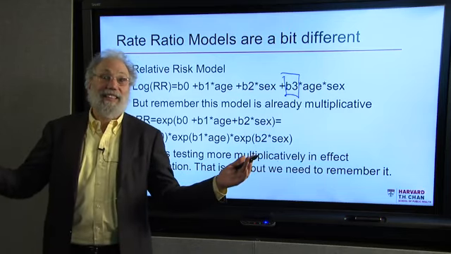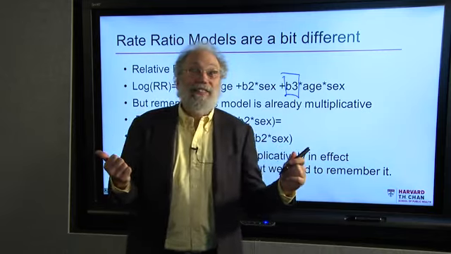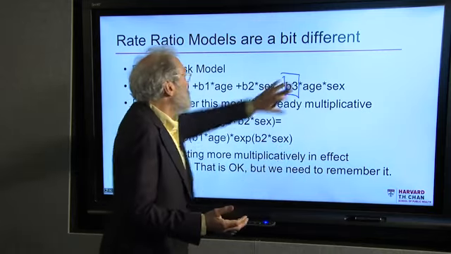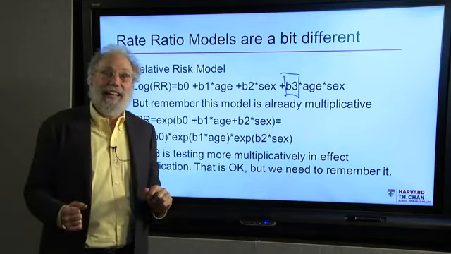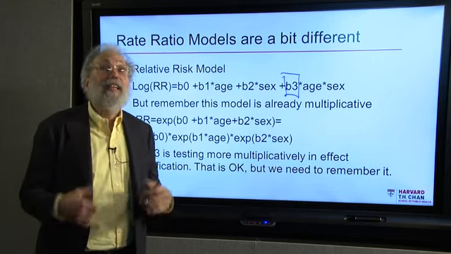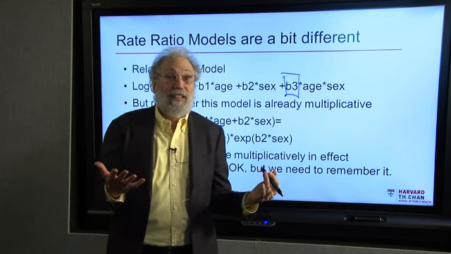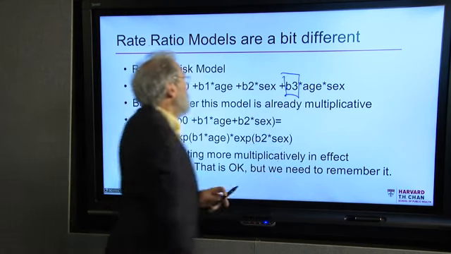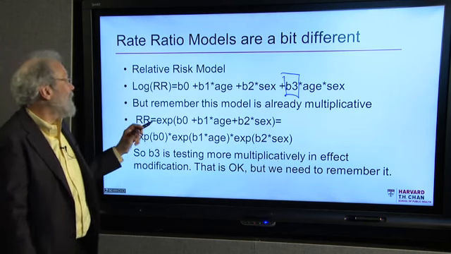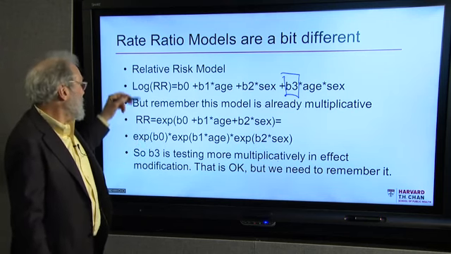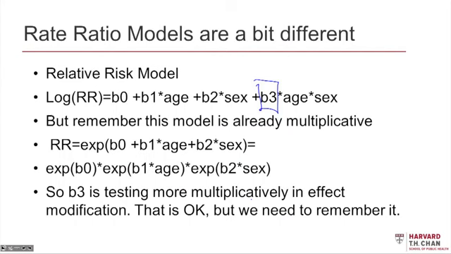That's effect modification. The complicating factor is that before you put in that interaction term, the model was already multiplicative. So let's leave out this B3 term and look at what we have. If I exponentiate this, I have the fact that in the people I'm looking at, there's some baseline rate.